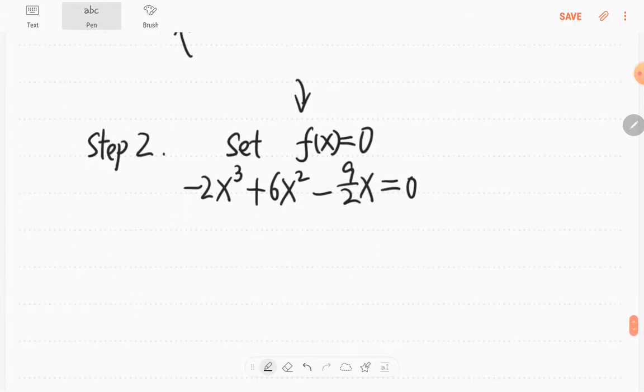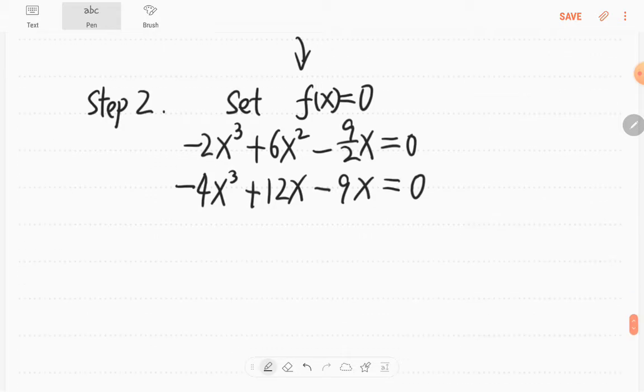To simplify, since we have a fraction coefficient, we want to eliminate it, so we multiply 2 on both sides. It will change nothing. It's negative 4x cubed plus 12x squared minus 9x equals 0 times 2 equals 0.